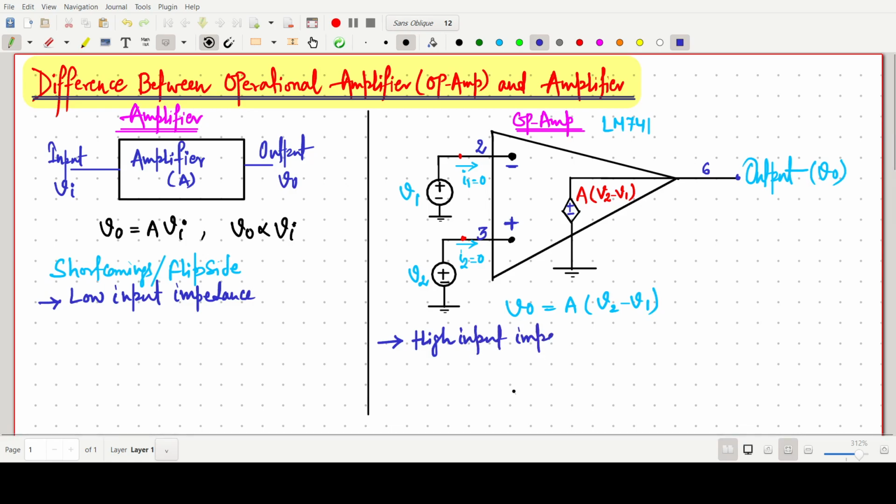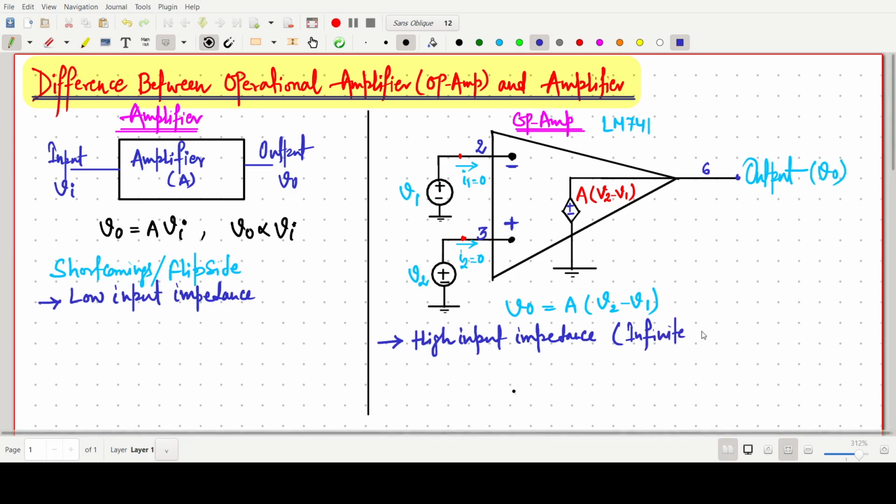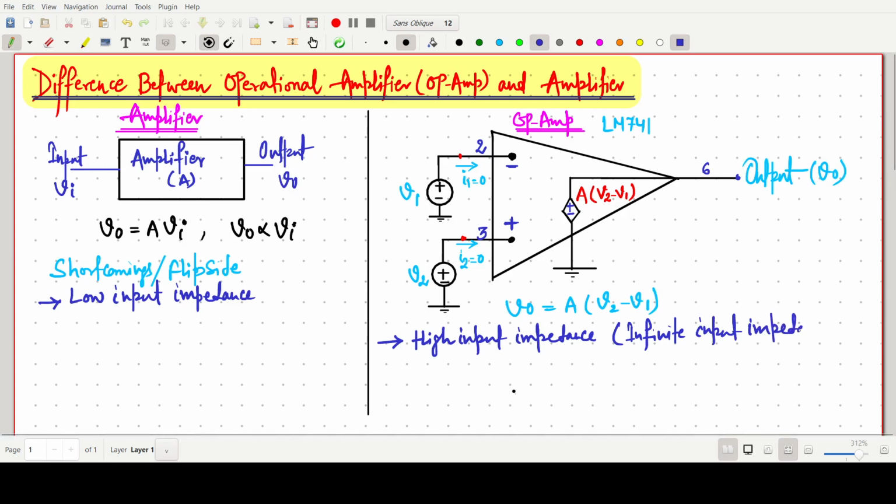For a practical op-amp circuit it is very high, and for the ideal one it has infinite input impedance.